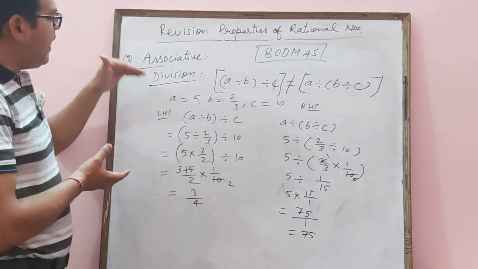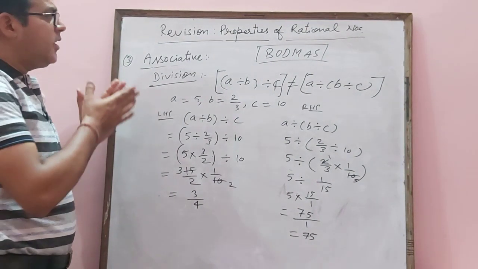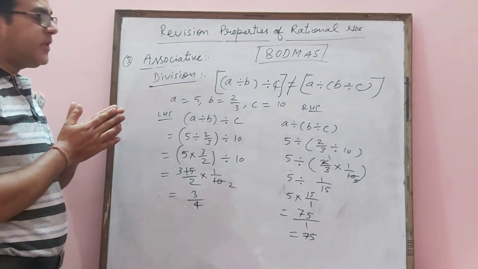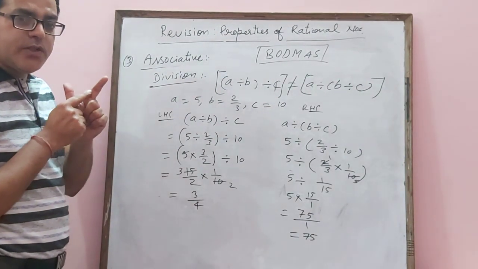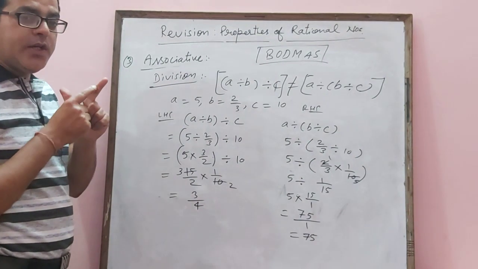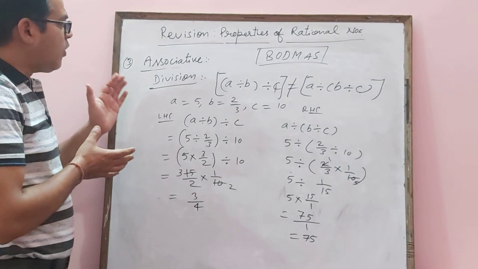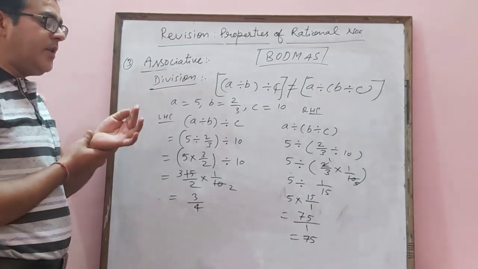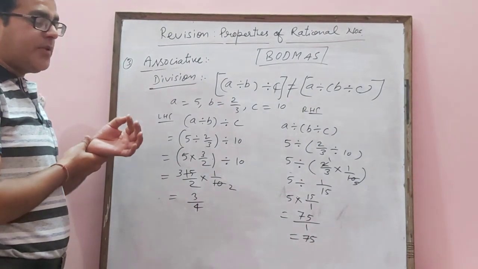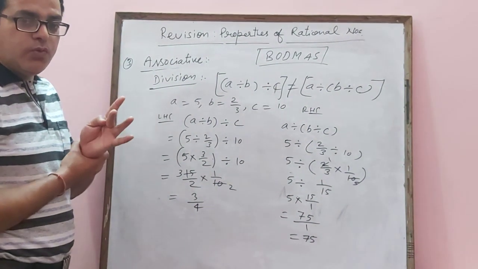Once again I am revising. Today we have discussed the properties of rational numbers. 3 properties we have discussed today: closure first, second was commutative, and third was associative. Right? And the conclusion was, for closure, addition was closed, multiplication was closed, subtraction was also closed, but division was not closed.